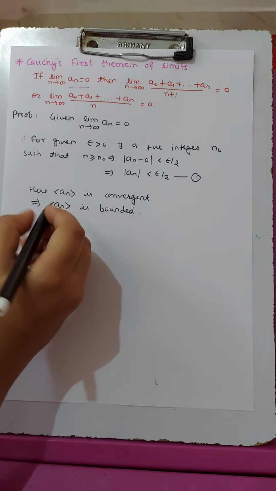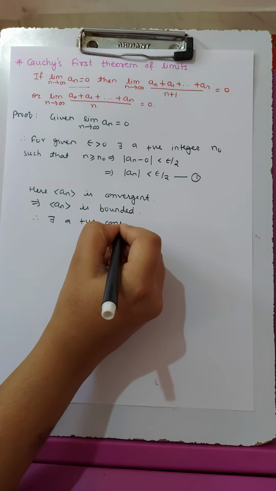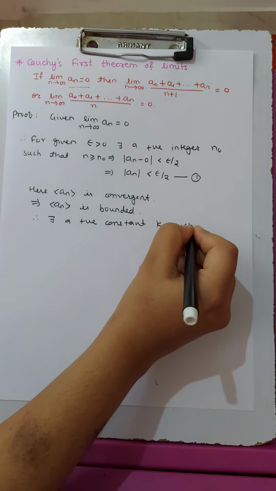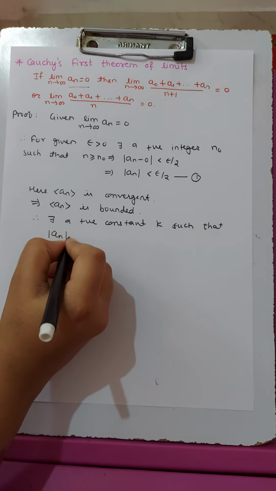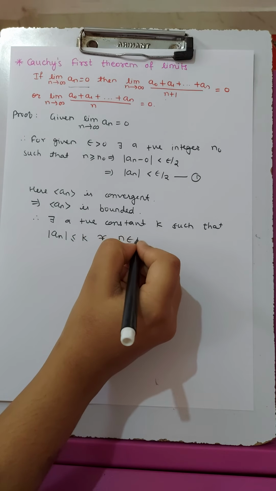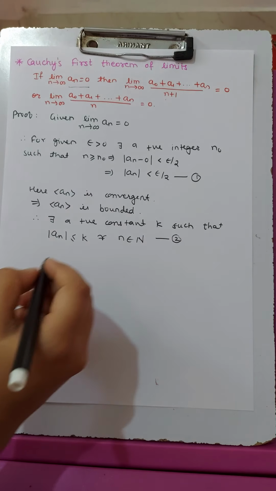As the sequence is bounded, there exists a positive constant k such that mod of an is less than or equal to k for n belonging to the set of naturals. Let it be number 2.